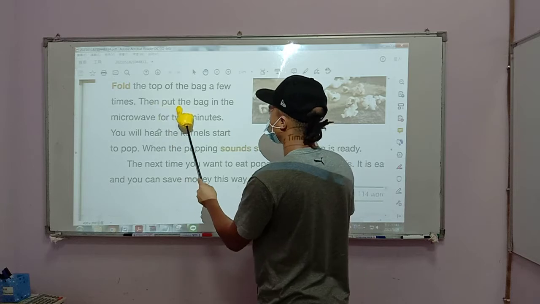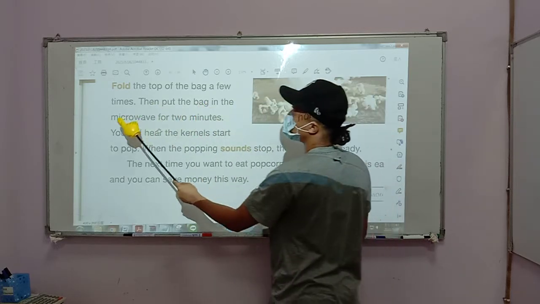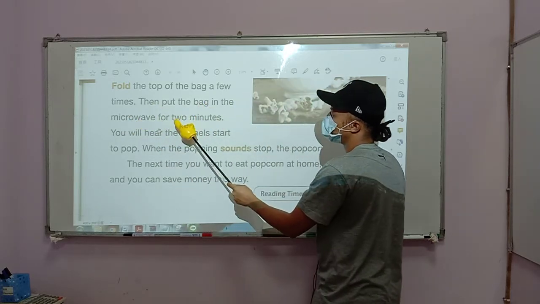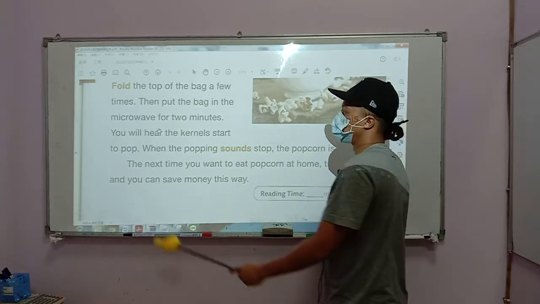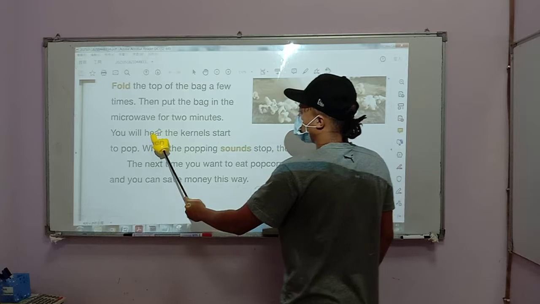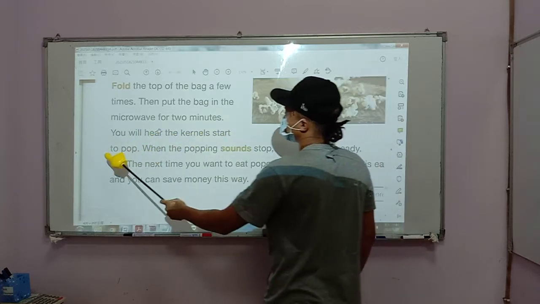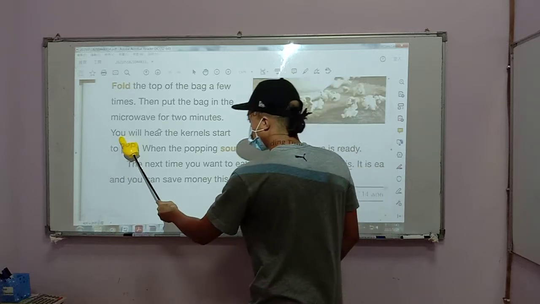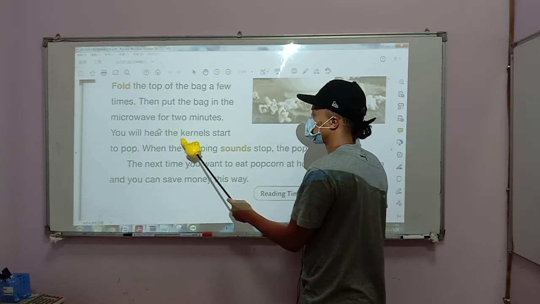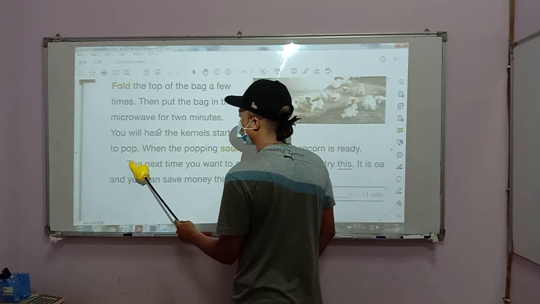Then put the bag in the microwave for 2 minutes. You will hear the kernels start to pop.